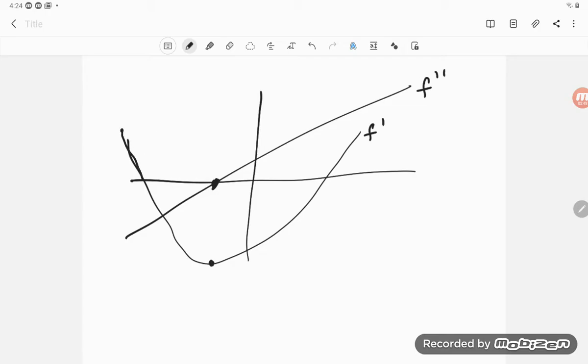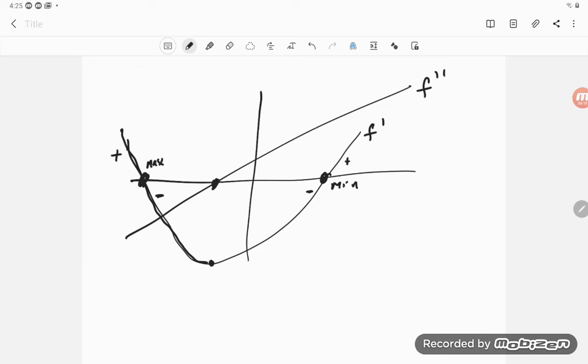But now you see, when I draw f prime, here is a first order critical number. There's a first order critical number. And f prime is positive here, negative there. So that means this is going to be a local max for f. And this one's going to be a local min because it's negative here and positive there.